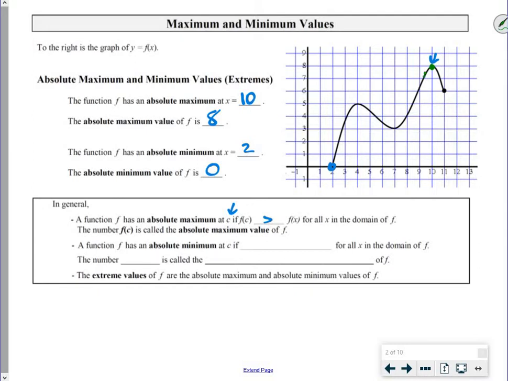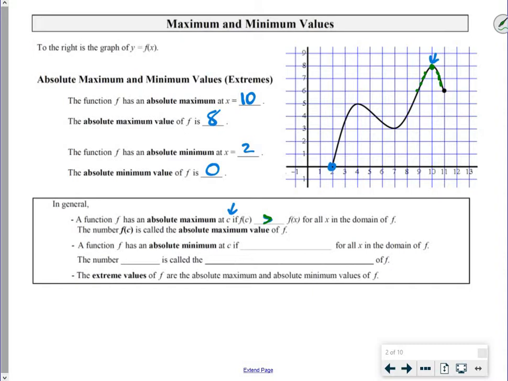It's bigger than all the other y values of the domain of the function. If that's the case, then f at c is called the absolute maximum value of f.